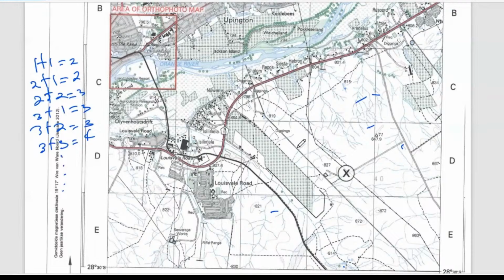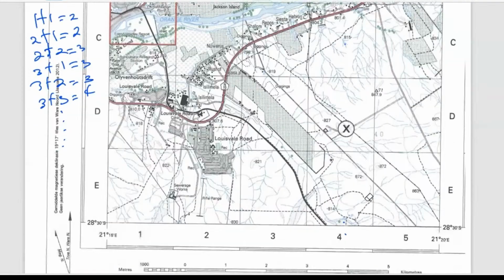So we want to check here and try to identify the stream order around area X. Right, we trace the stream which flows past X. The stream which flows past X, we can actually see that is this stream coming from the eastern direction, which is northeastern, right? So if we check, this stream is starting here, and this one is starting here. They don't have tributaries. This is stream number 1, and this is number 1.